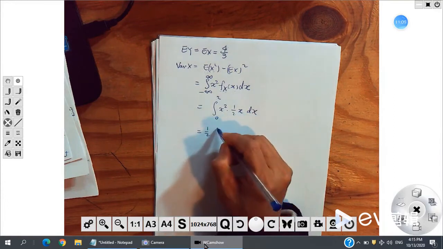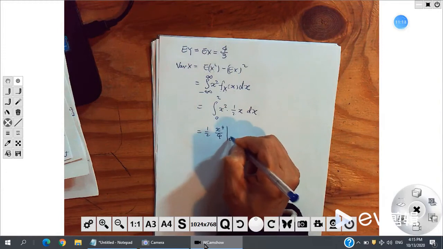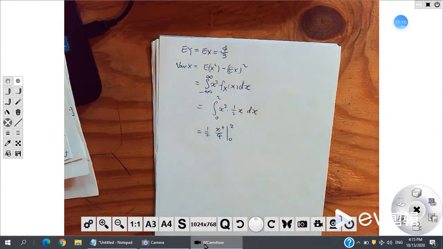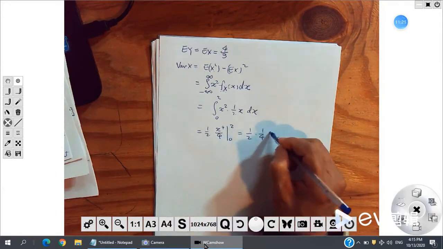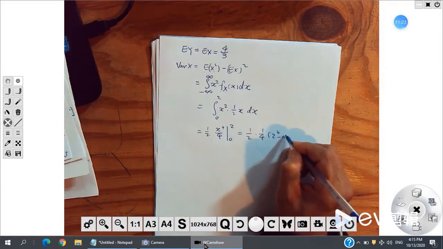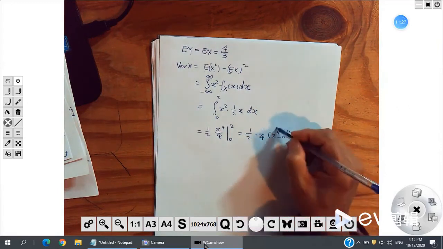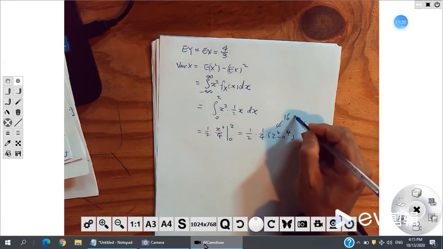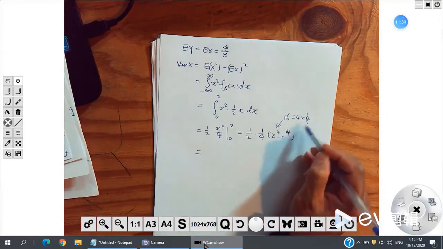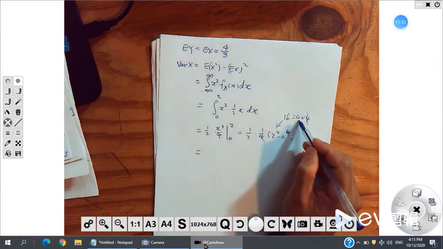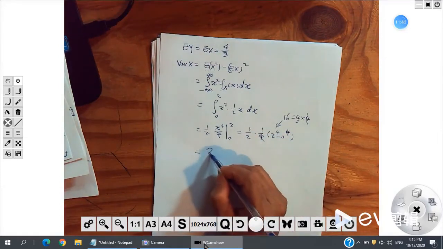Integrating x cubed, we have x to the fourth over 4, and x runs from 0 to 2. So this is 1 over 2 times 1 over 4, and 2 to the fourth minus 0 to the fourth. Okay, 2 to the fourth is 16. It's 4 times 4. So you see 4 times 4, you can cancel one of them, you have another 4 left. And divide by 2, you only have 2 left. So this is just 2.